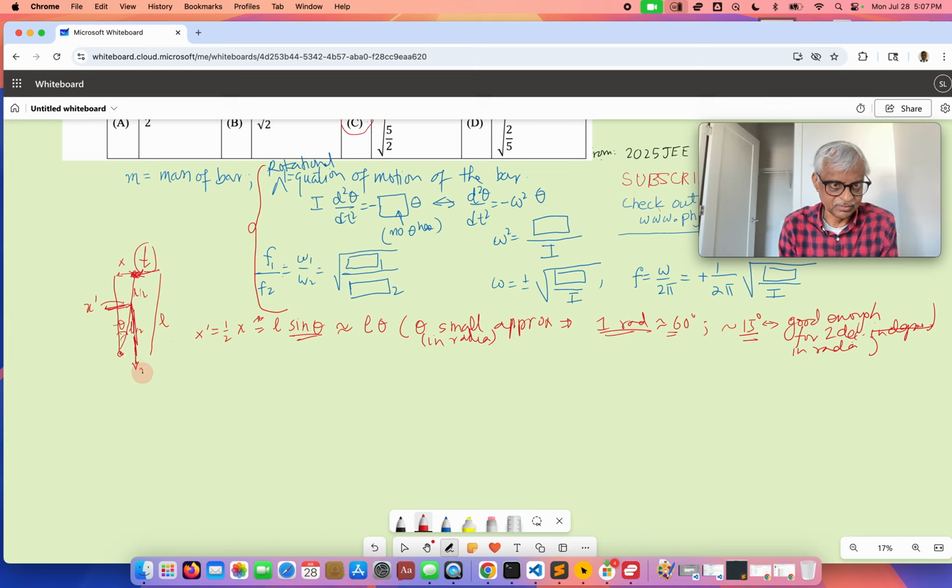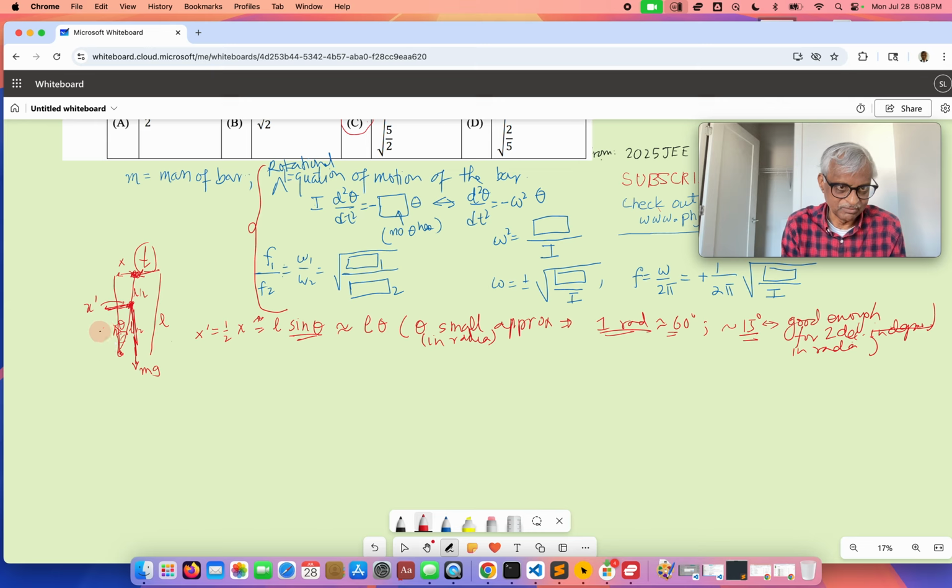So this is mg, and then there will be a normal force to cancel the gravity. There's a little acceleration here in this direction. Still, the forces are not cancelled here because there's acceleration of the center of mass. So there's some force here.